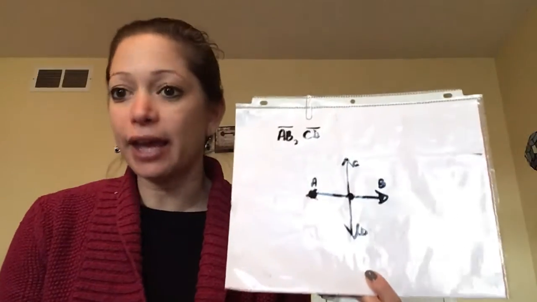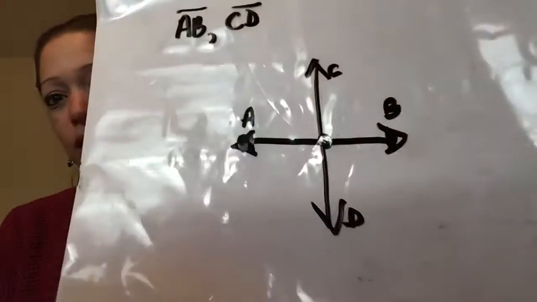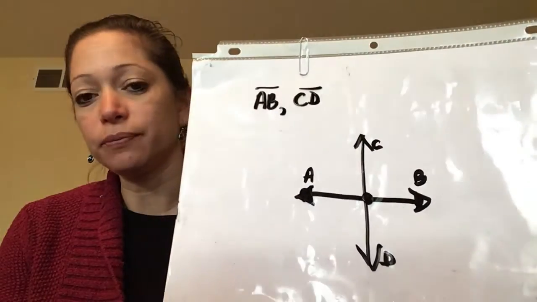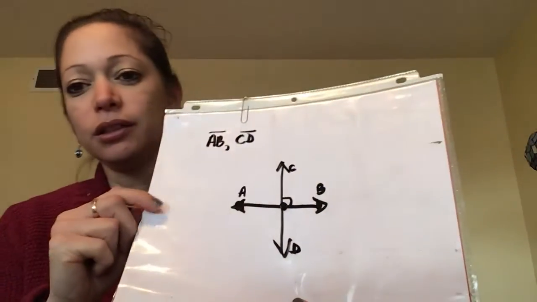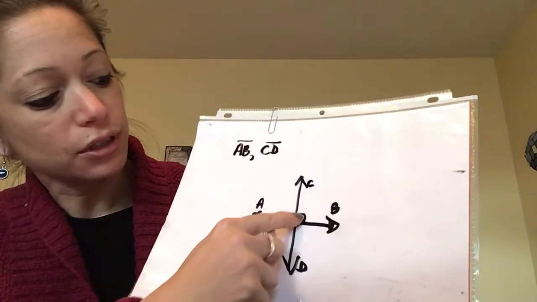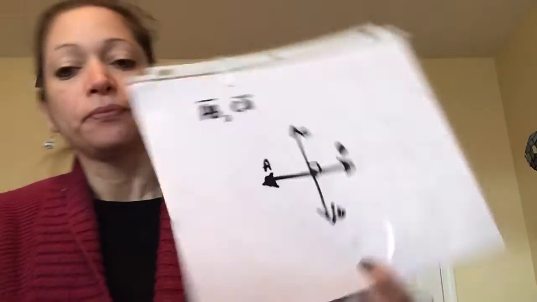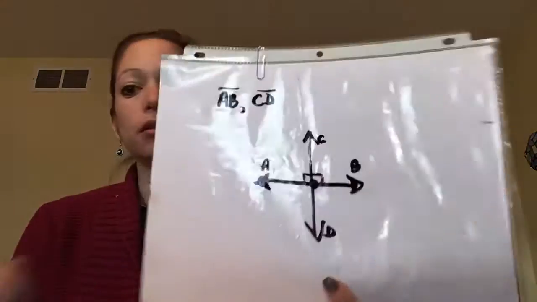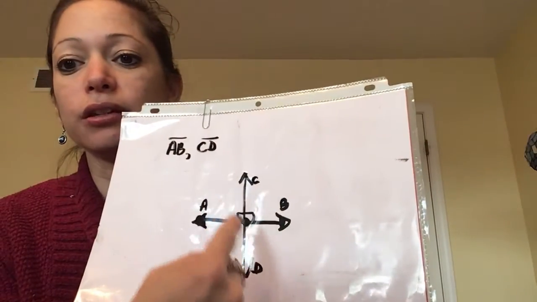So how many right angles do you see in this picture? Now there's a little bit of glare, so hopefully you see the first one. Okay, I'm going to put that little mark there. Do you guys see that first right angle? And then we have one on the other side. That's also a right angle. So look at this here.